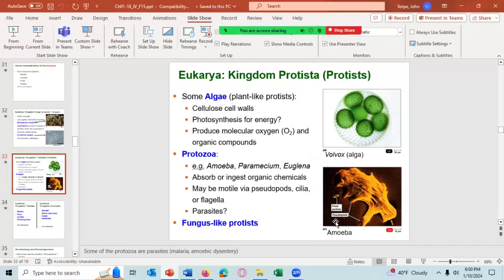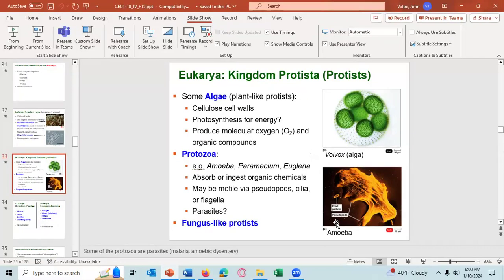Another kingdom of the eukarya is the kingdom Protista. We can break the kingdom Protista into three different groups: the algae, the protozoa, and then the fungus-like protists. The algae are plant-like protists. They do have cellulose in their cell walls. They engage in photosynthesis to make energy.